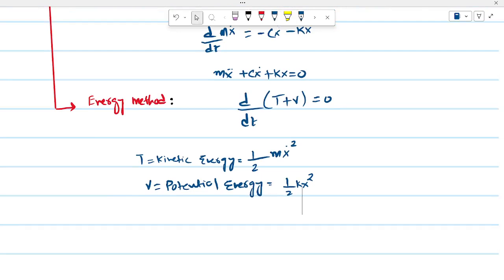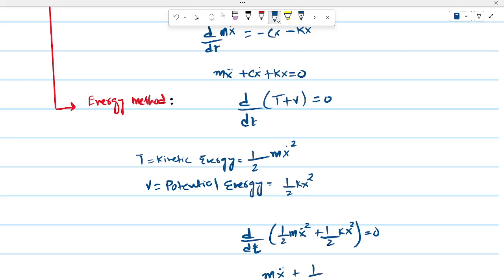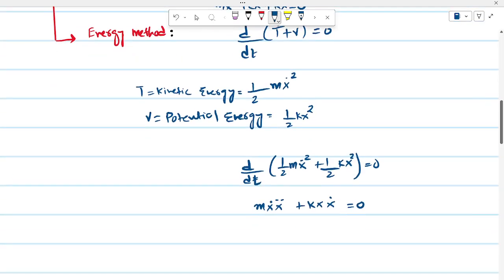So you can now substitute these values here. It will be d over dt of half m x dot squared plus half k x squared equals 0. The half can be cancelled out from the 0, and d over dt of x dot squared gives m x dot times x double dot plus k x times x dot equals 0.